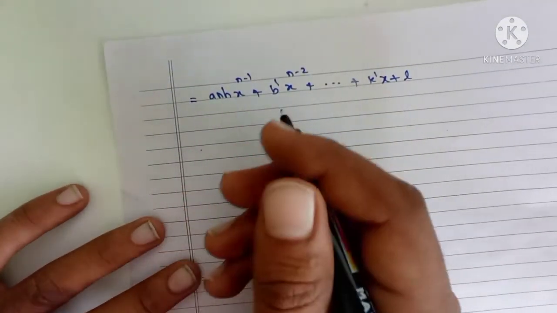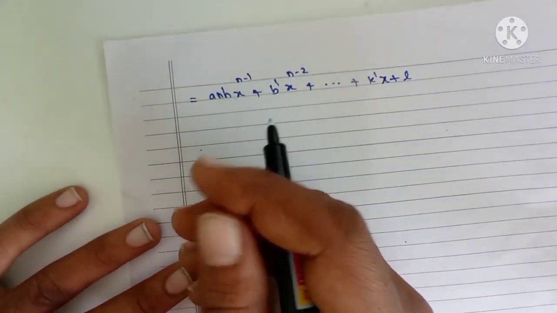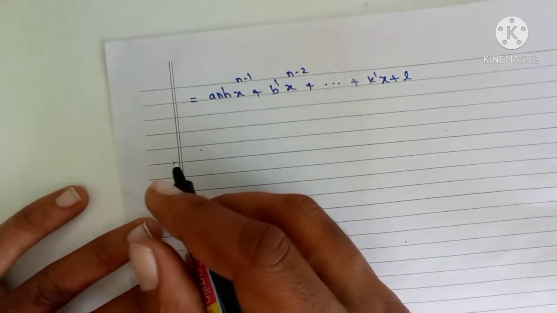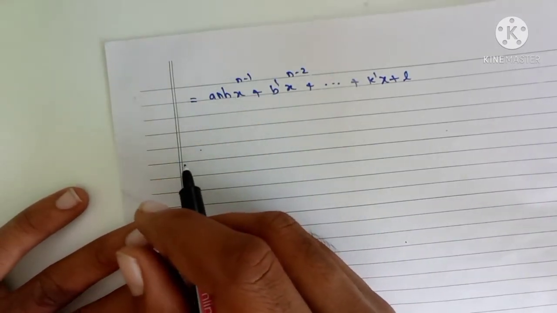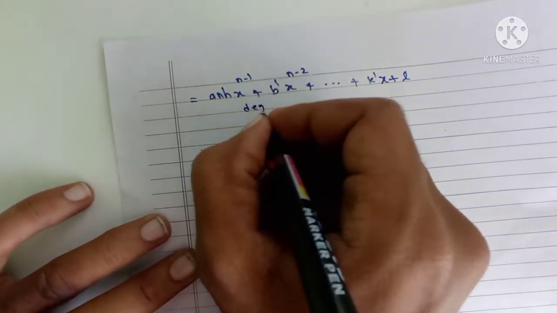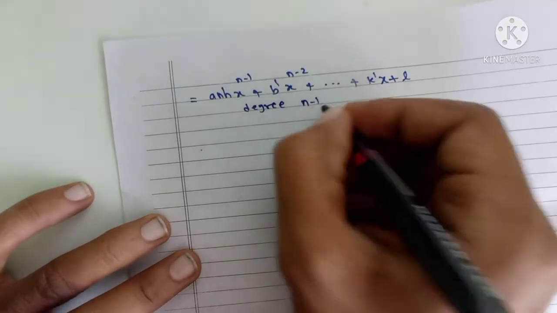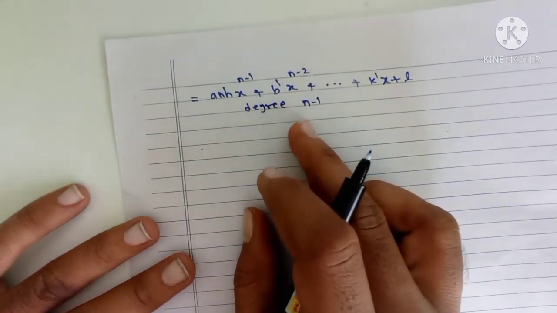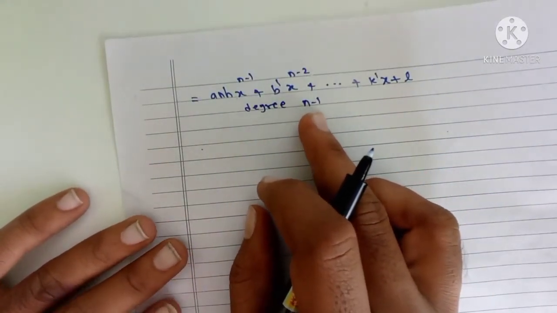This is the first difference, where b dash, k dash and l dash are constant. Thus the first difference of the rational integral function is a polynomial of degree n minus 1. First difference, that is delta f of x, is a polynomial of degree n minus 1.